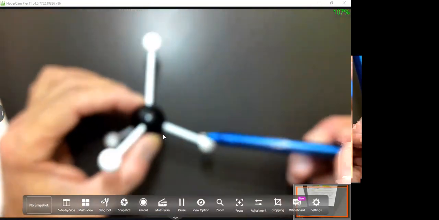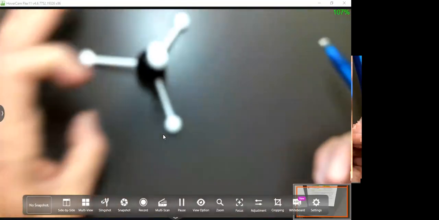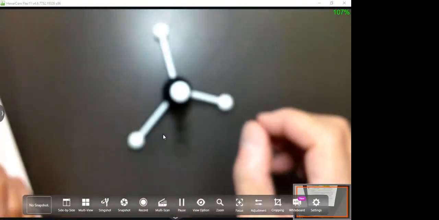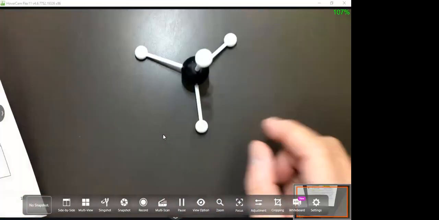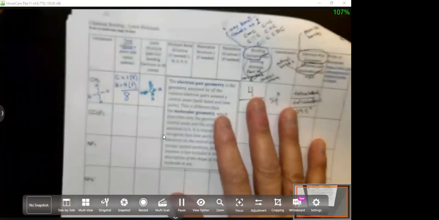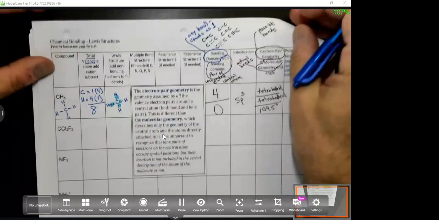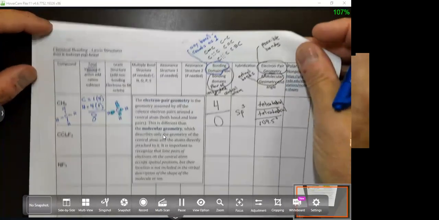We're looking at an angle of 109.5. Again, this is in 3-dimensional space. Your paper is 2-dimensional space. No matter which way I flip it, this is a completely symmetrical molecule. So this is CH4. So the best thing we can do is just continue where we're at and just work on these so you get a handle on these.